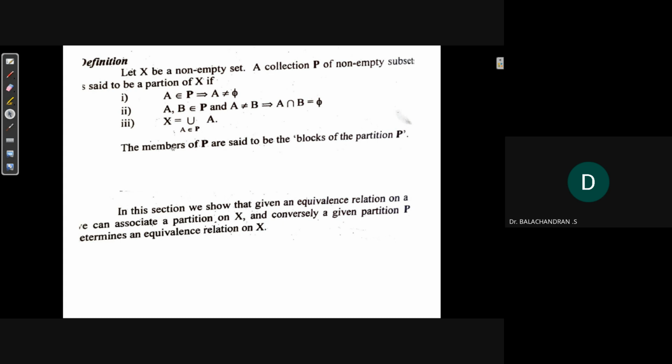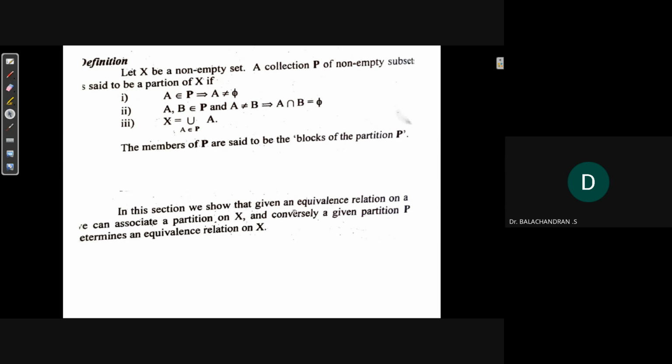Now the members of capital P are said to be blocks of the partition. So in the previous example, A1 is a block, A2 is a block, A3, A4 are blocks of the partition.